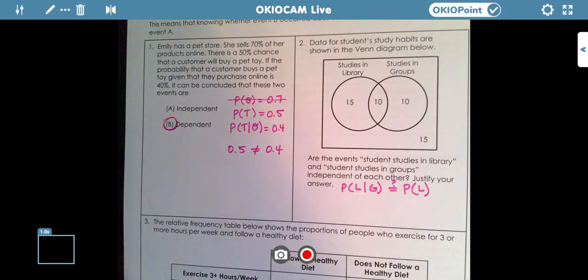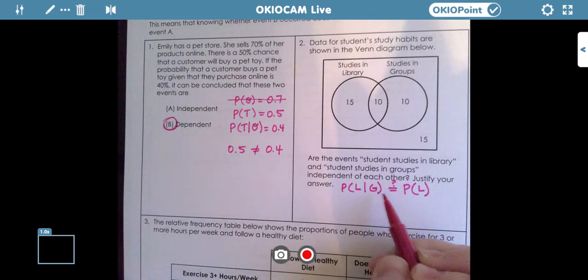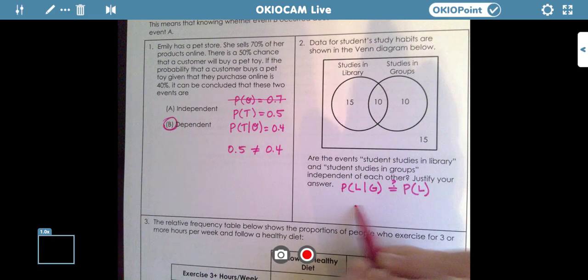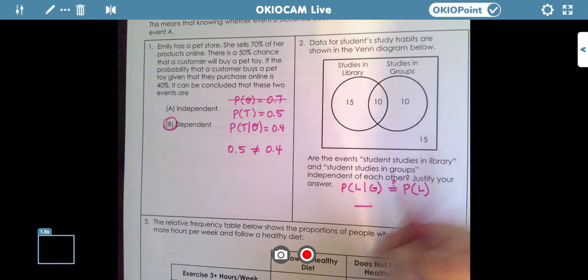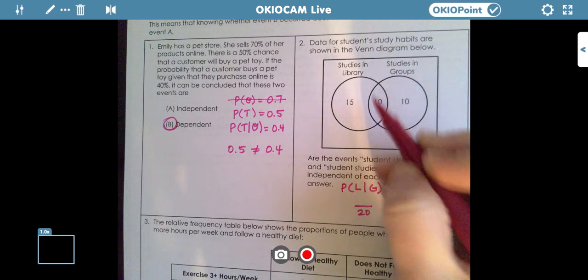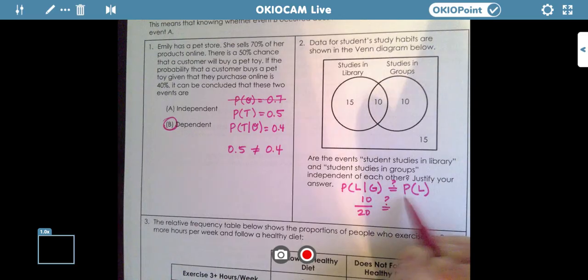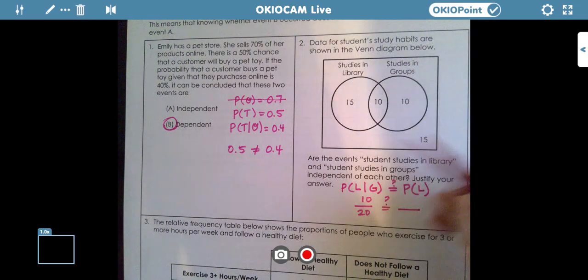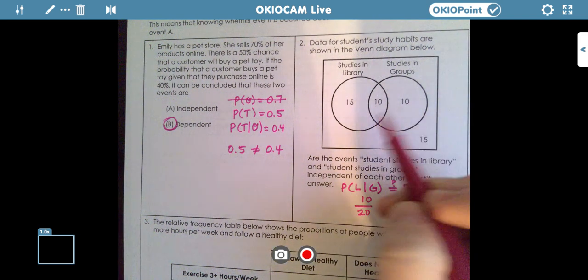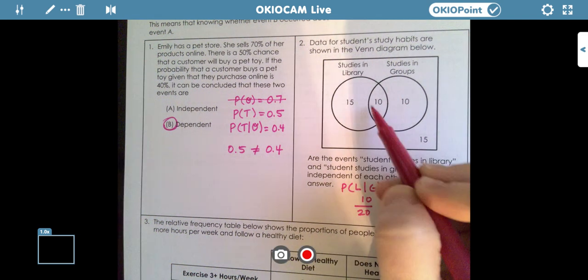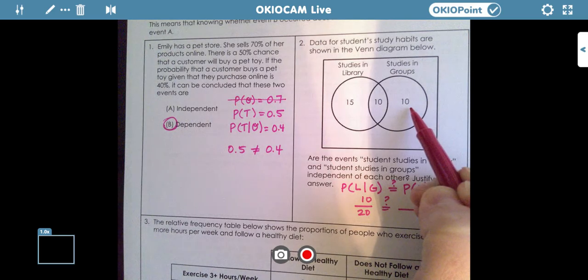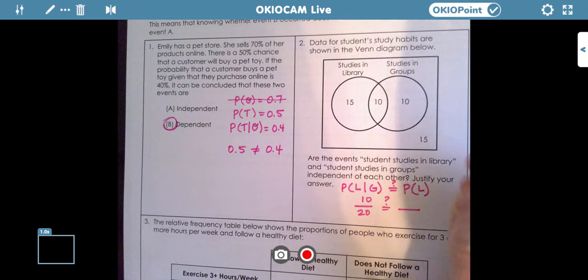All right, so probability of library given groups. That means we're given a group, so we know we're studying in groups, that's 20. And then those who study in the library out of that are 10. And then probability of the library, that's out of the grand total here. So these two together make 25, plus this 10 is 35, plus this 15 is 50.